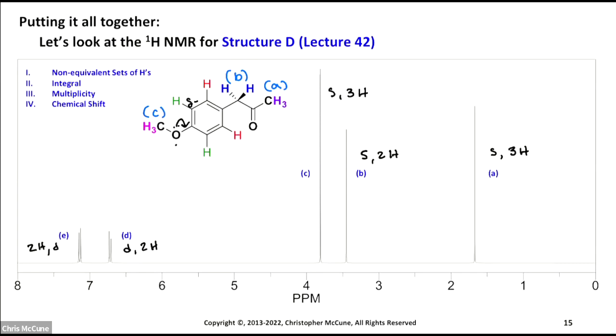So those are a little bit more shielded, and so they're more upfield. I'm going to predict then that D are the green ones and E are the red ones shown here. So that kind of completes the structure for D.